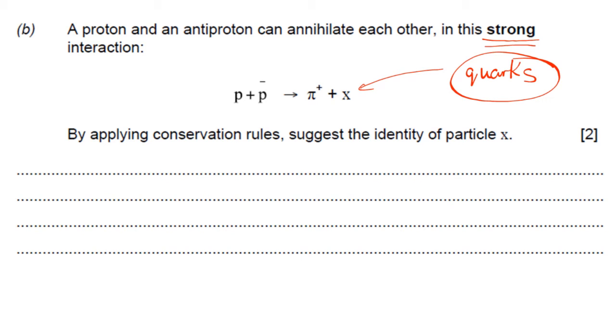Conservation rules. Let's start with charge. Charge of a proton is +1. Charge of an antiproton, -1. And pi plus is +1. So we're looking for a charge of -1 for this little character.